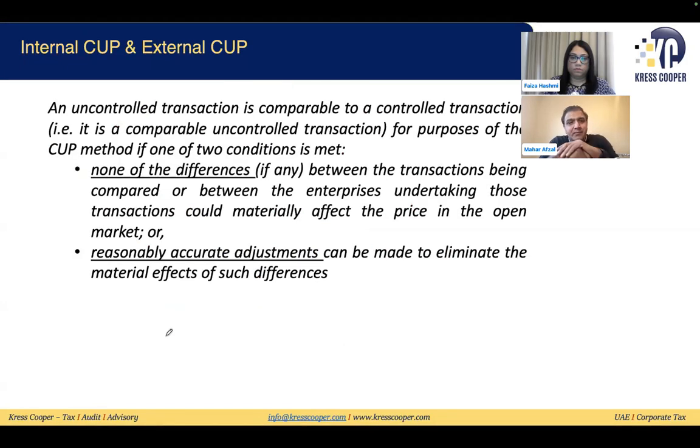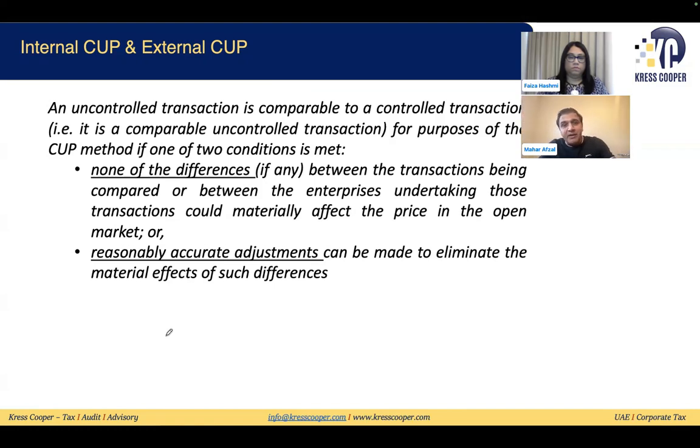The important thing is, whenever we are comparing the controlled transaction with the uncontrolled transaction, there are two possibilities. One possibility is there is no difference. If there is no difference, the price of the controlled transaction will be the same as the price of the uncontrolled transaction. If there is a difference, it can be due to nature, circumstances, volume, place of delivery, Incoterms, nature of the goods.